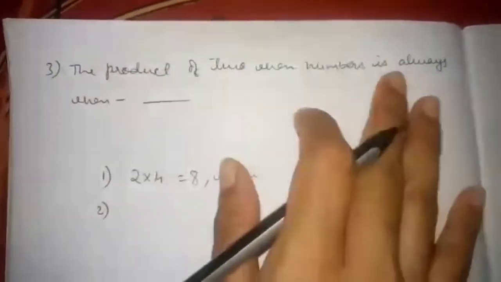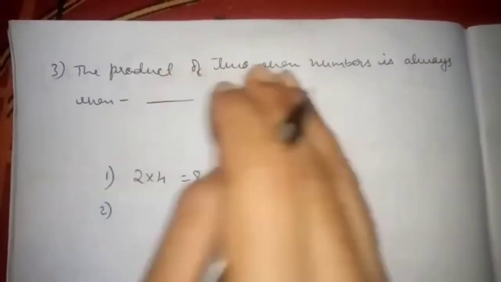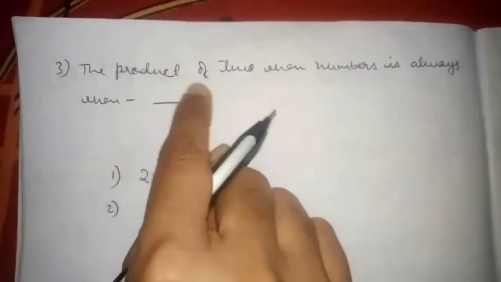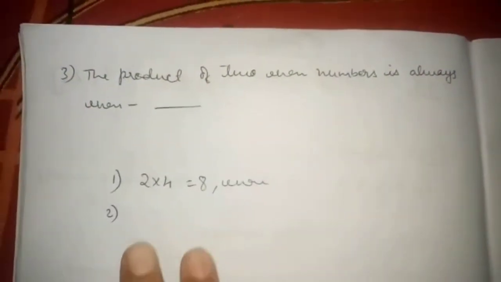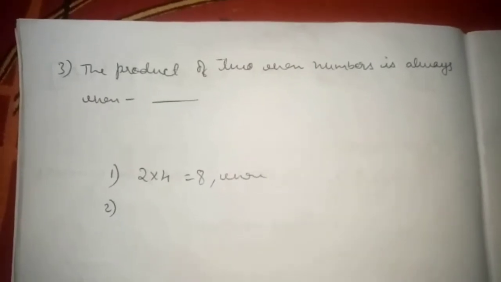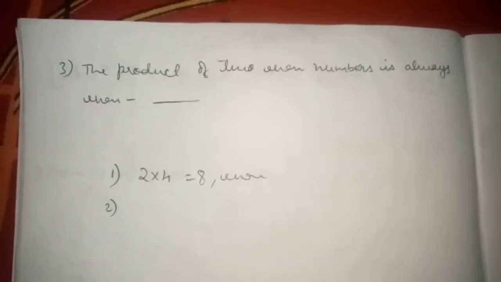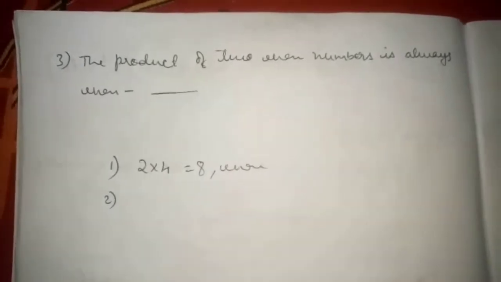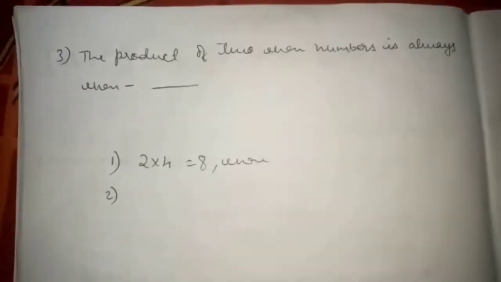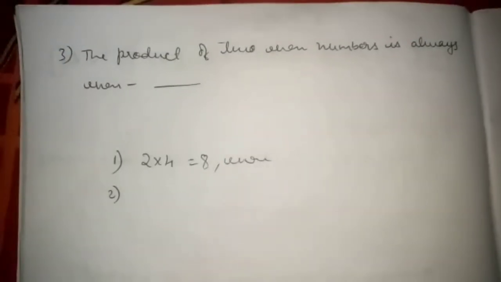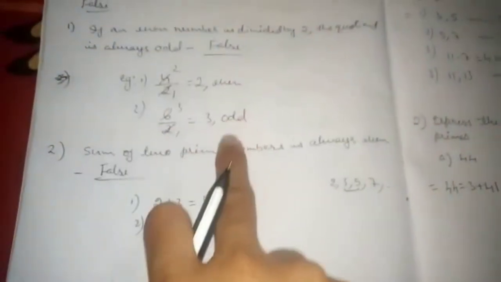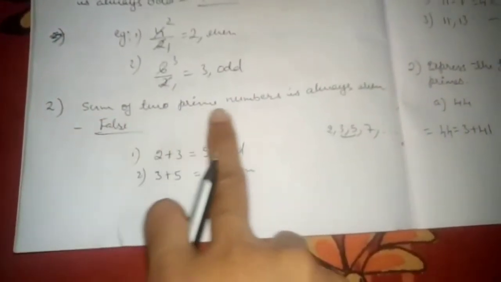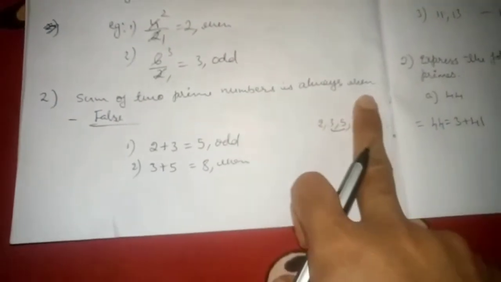When you're solving in an exam, you have to write only the answer first. This is side work to get the answer. So when you're finding, take 2-3 examples, not only one. If you take only one example, you may get the wrong answer. For example, in the last question, they said the sum of 2 prime numbers is always even.